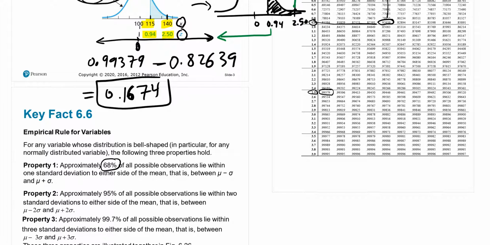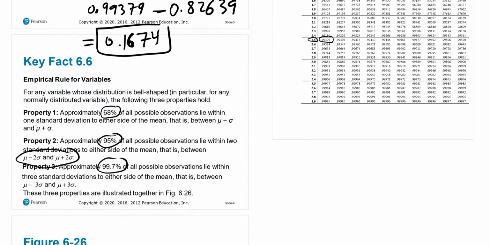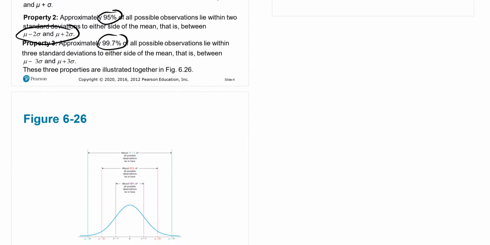About 95% of the observations will fall within 2 standard deviations, above and below the mean. And about 99.7% of observations will fall within 3 standard deviations. This is the graph to show you that.